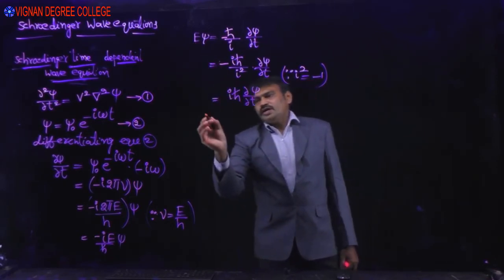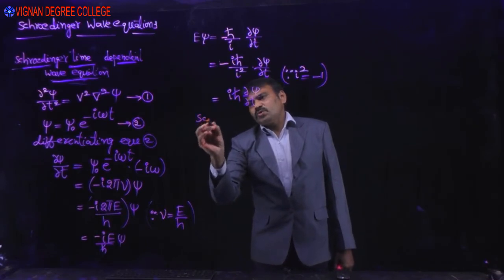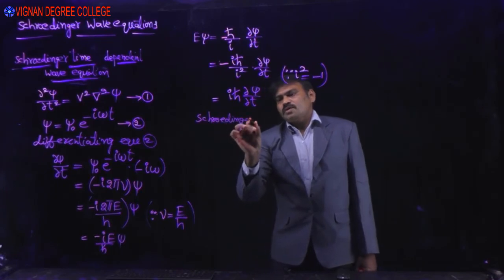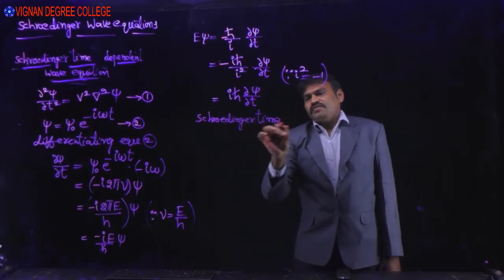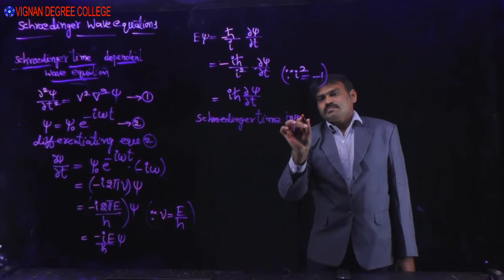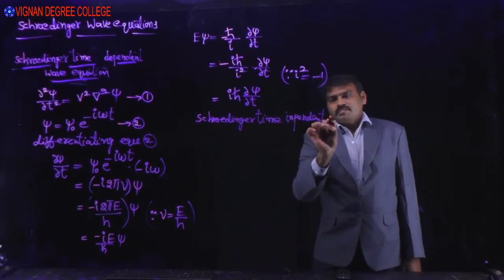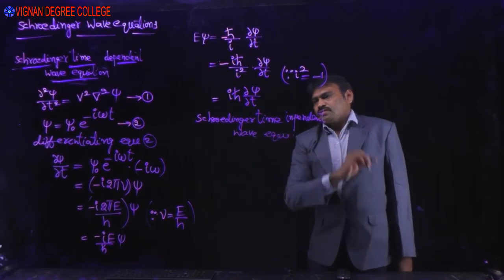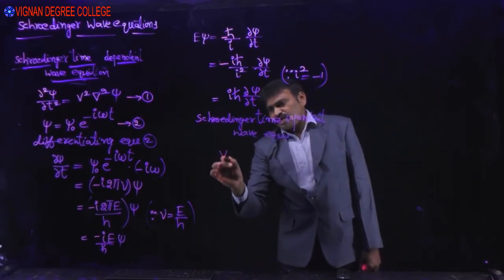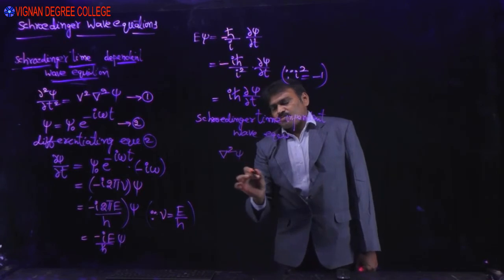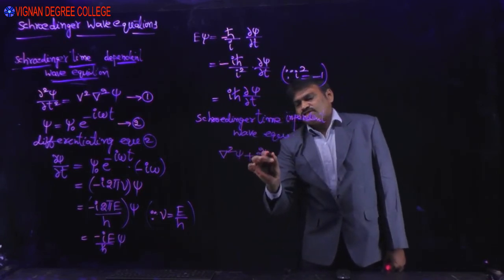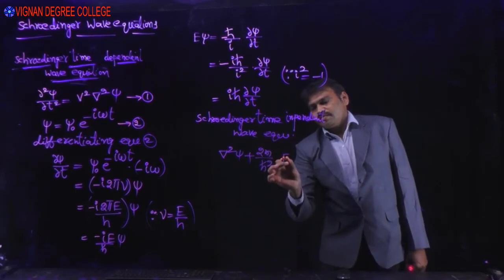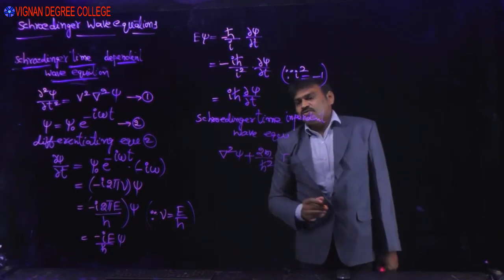You know the Schrödinger time independent wave equation. What is that? ∇²ψ + (2m/ħ²)(E − V)ψ = 0.